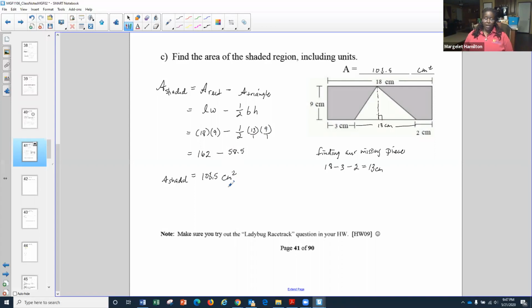One more piece of helpful information for the test. On your homework, you're going to work a problem that has to deal with the ladybug going around a racetrack. Do that problem. Oh, that's going to be a good one. I wonder why. Must be going to be on the test, maybe problem number 7.